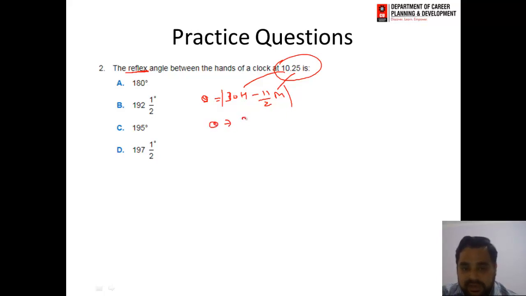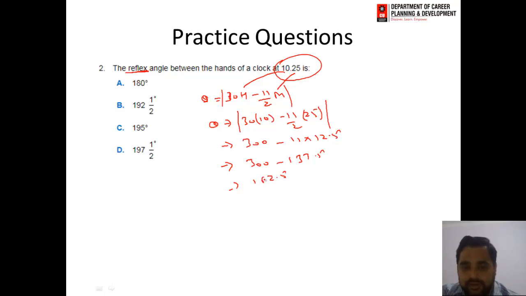So the theta we have is 30 into 10 minus 11 by 2 into 25, in modulus. It gives us 300 minus 11 into 12.5, which is 300 minus 137.5. If we solve this, the answer we have is 162.5.